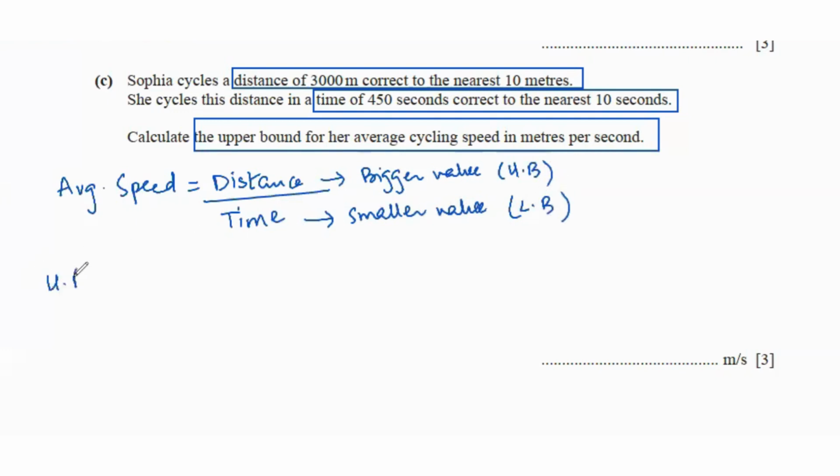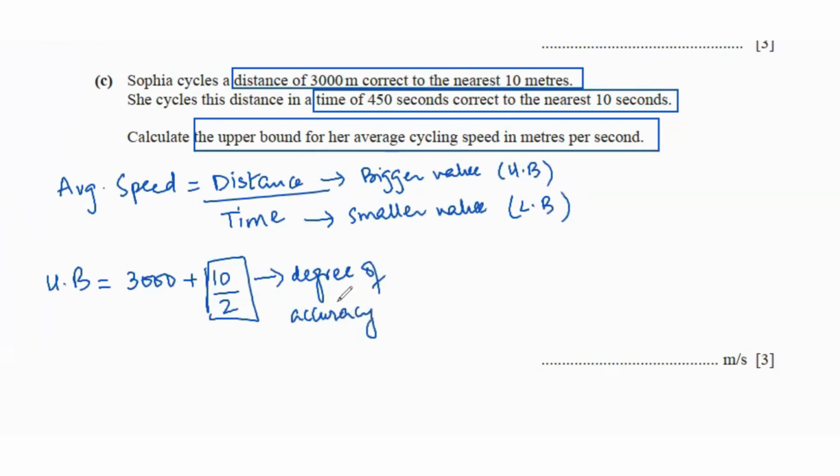So upper bound of your distance, we do 3,000 plus 10 divided by 2. 10 divided by 2 gives us the degree of accuracy. And since we're trying to find the upper bound, we add the degree of accuracy. So 3,000 plus 5. So that's 3,005 meters. Then for the time, we find the lower bound.